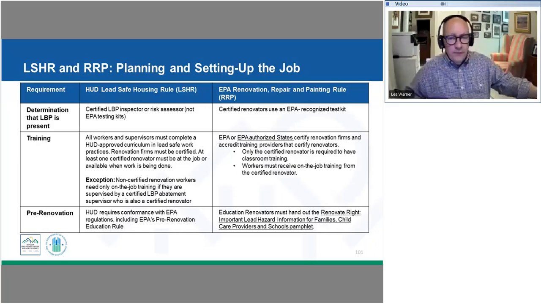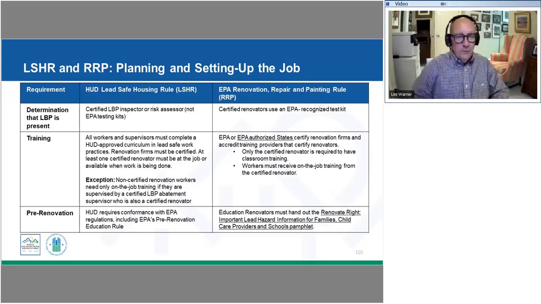We also have some differences on training. The EPA requires that the renovator themselves have classroom training, but it doesn't require that the workers have any classroom training. They can receive that on the job while they're working for that renovator.